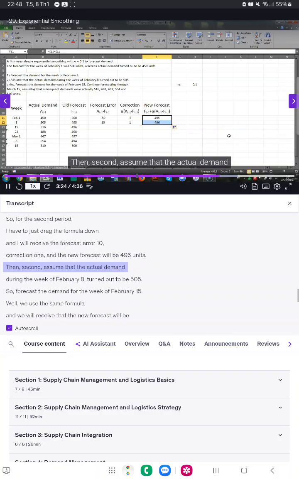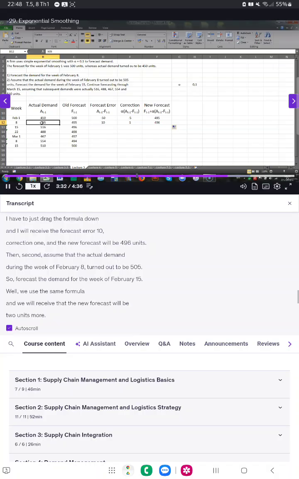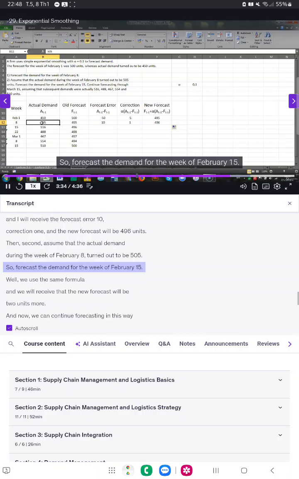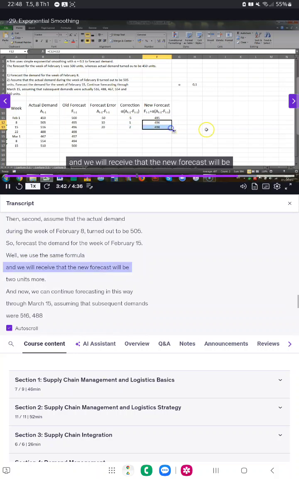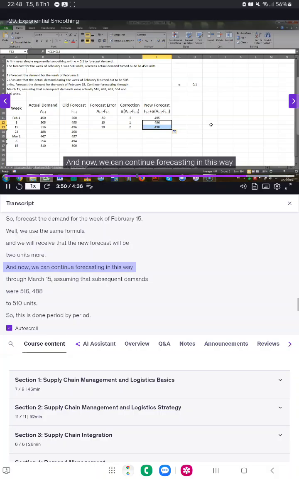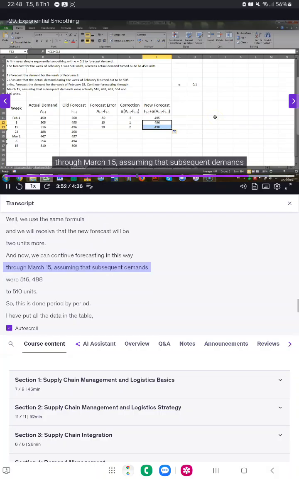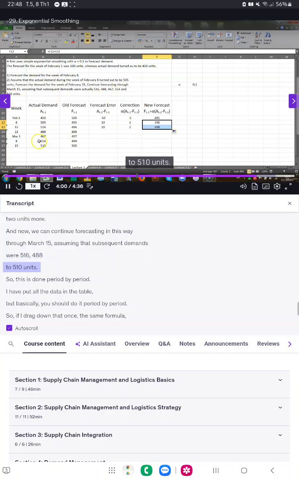Then assume that the actual demand during the week of February 8 turned out to be 505. So forecast the demand for the week of February 15. We will use the same formula, and we will receive that the new forecast will be 2 units more. And now we can continue forecasting in this way through March 15, assuming that subsequent demands were 516, 488 and 510 units.